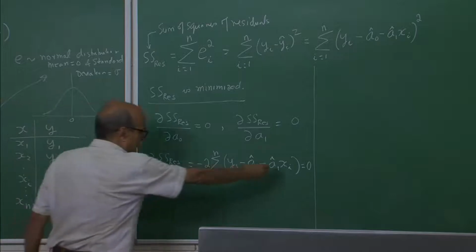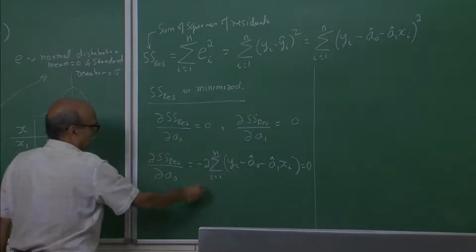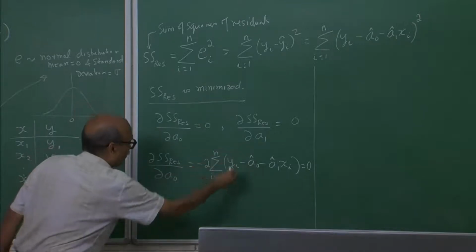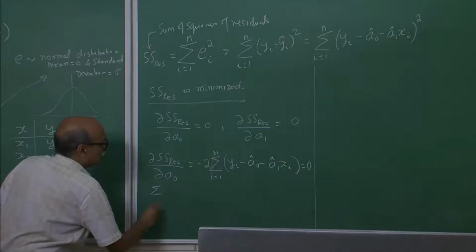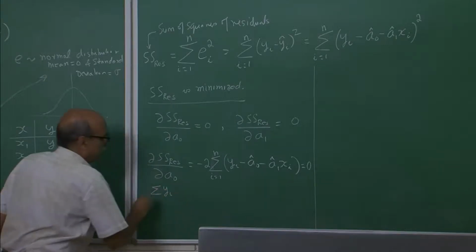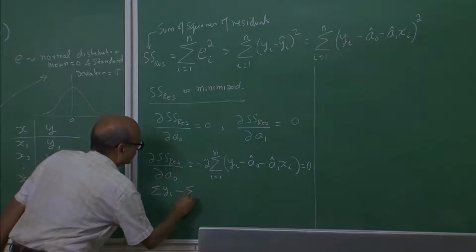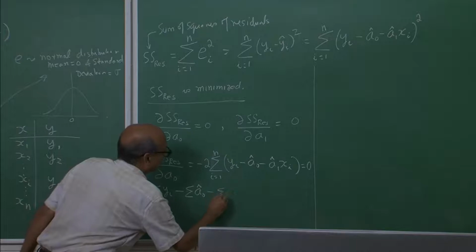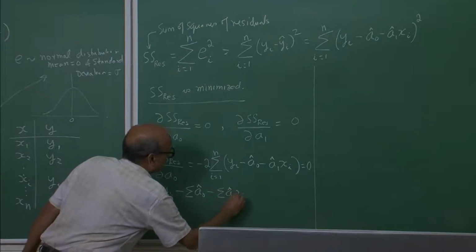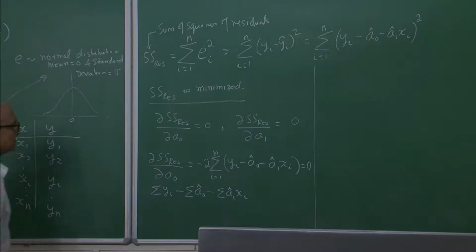If I expand this further individually, this 2 and negative sign will go, and what I will have is summation y_i minus summation a0 cap minus summation a1 cap x_i equal to 0.